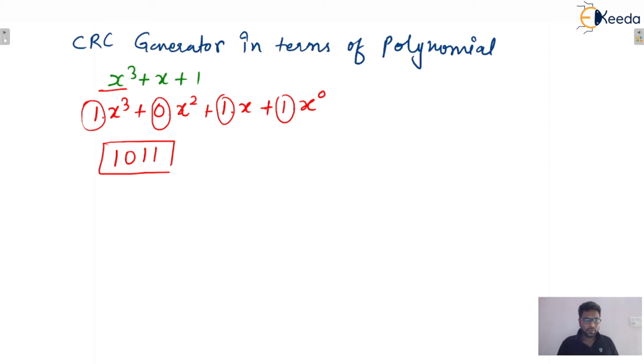x square is missing, which means x square is multiplied with 0. Take the same sequence: x cube, then x square, then x, then x power 0.